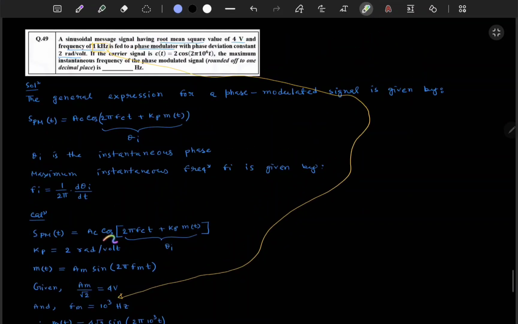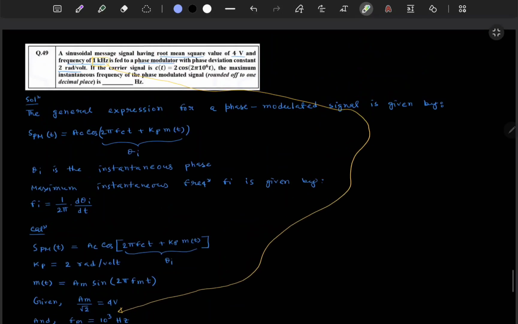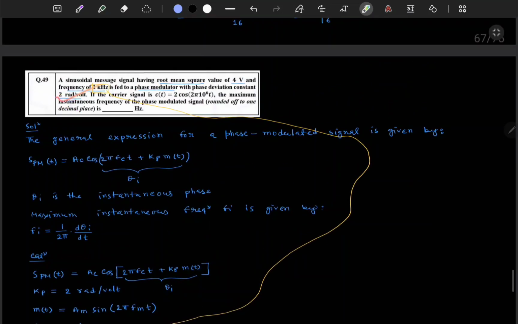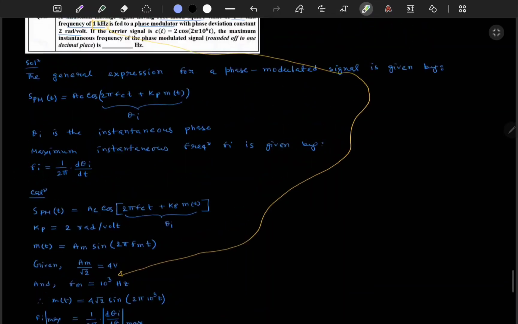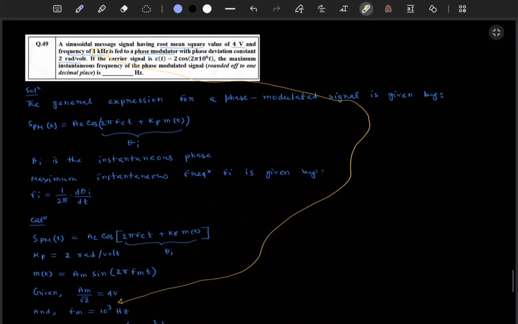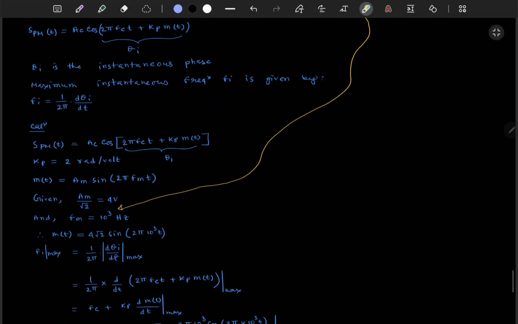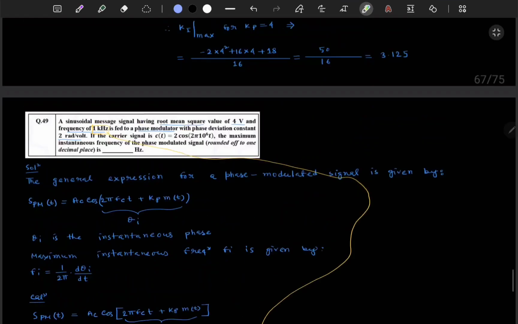Now this standard phase modulated signal is this. Okay, kp is 2 radian per volt, it is already given in the question. And m(t) is this one, Am sin(2 pi fm t). We are just assuming this because it is mentioned that a sinusoidal message signal is there. So given Am by root 2 is 4 volt.